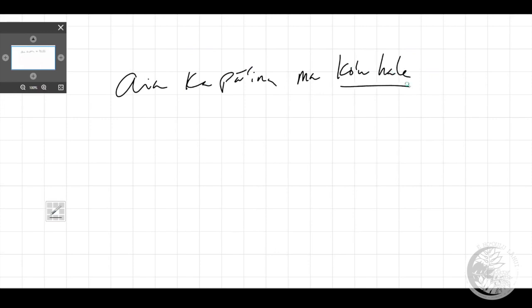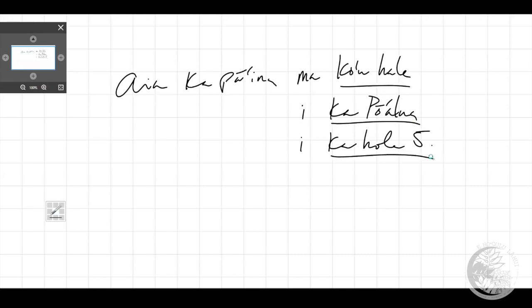But what if I want to say that the party is on Tuesday? Well, I could, in the same way, express that as aya ika po'alua. Or aya I kahola e lima in time. So exactly like location in space, I can also put location in time.